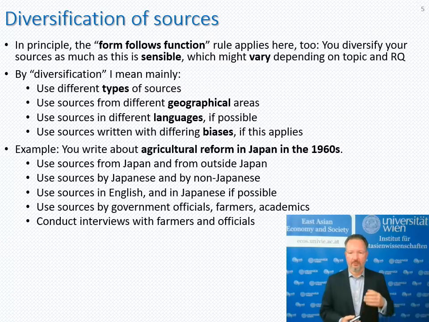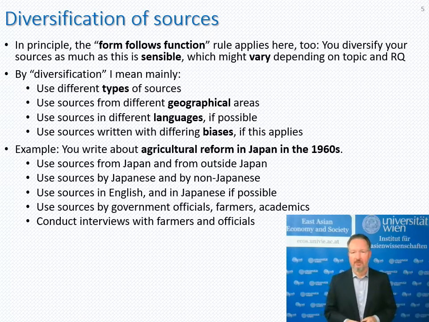So if you do speak an East Asian language, this is not a prerequisite for our program, but if you happen to be from Chinese studies, Japanese studies, Korean studies, or if you happen to speak Vietnamese or Filipino or something, then you join our program. You are strongly advised to also make the best out of the language that you acquired during your previous studies or in your life.